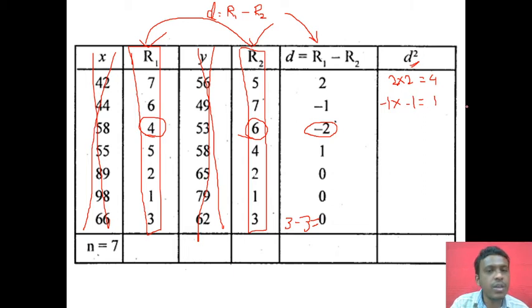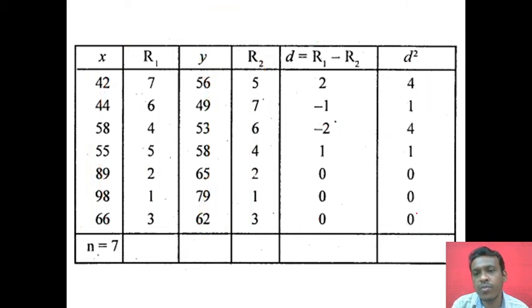Now minus 2 into minus 2 is equal to 4. 2 2s are 4, minus into minus is plus. Here again 1 into 1 is 1, 0 into 0 is 0, 0 into 0 is 0, and 0 into 0 is 0. So we'll just note down these values: 4, 1, 4, 1, 0, 0, 0. So these are the values that we have got.